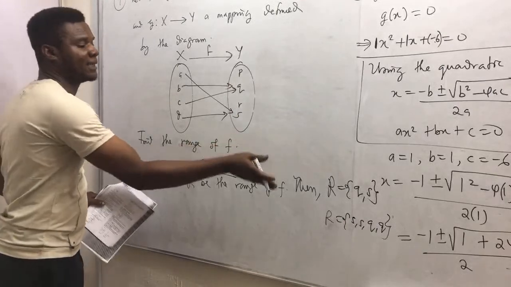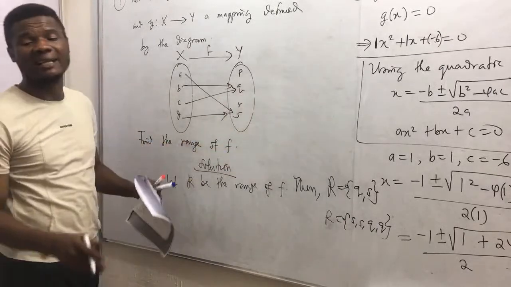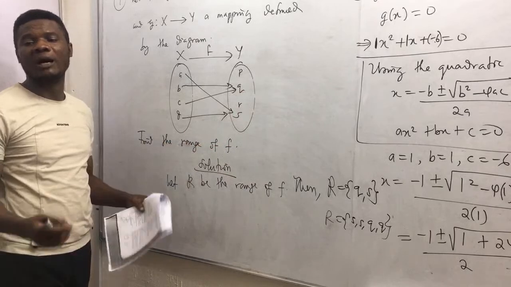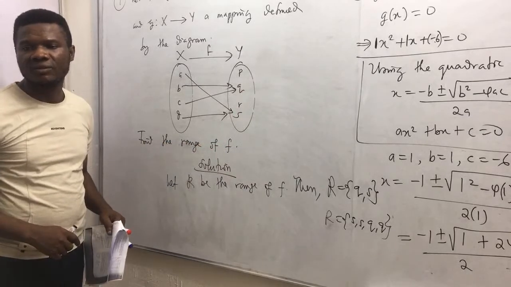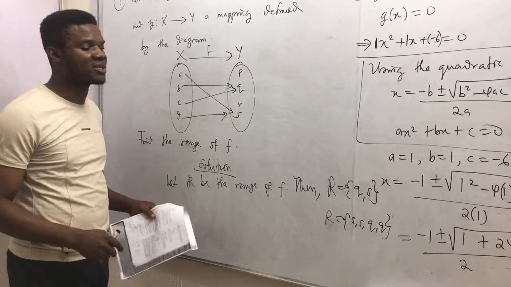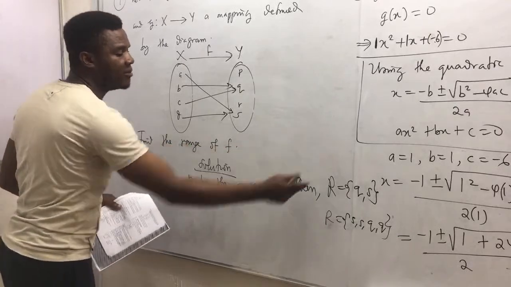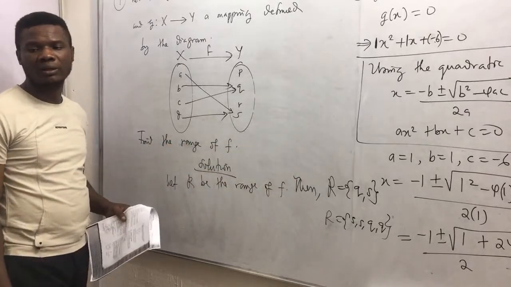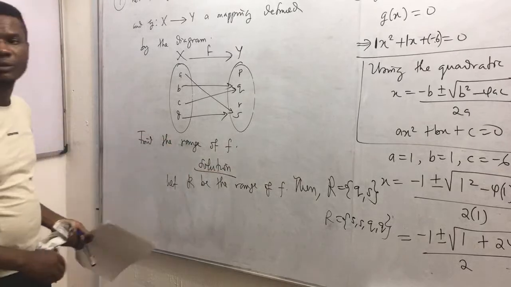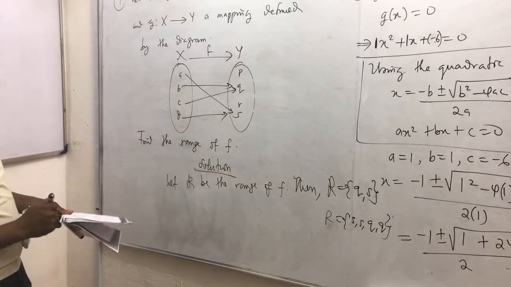Whether you write it as this or the first, they are the same. We don't count repetitions in sets. So this set is the same as that set. They are equal.